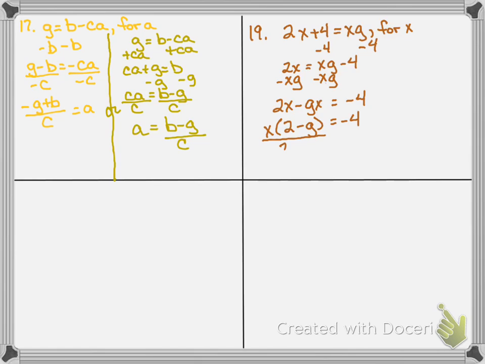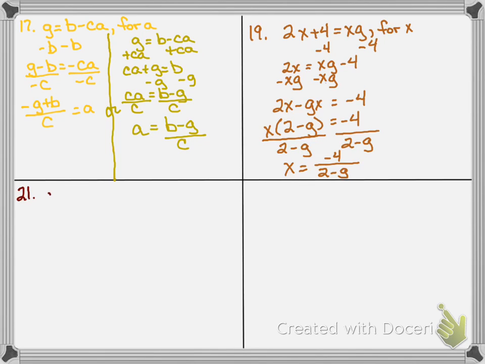We're going to divide by that 2 minus g, which gives me that x is equal to -4 divided by 2 minus g.